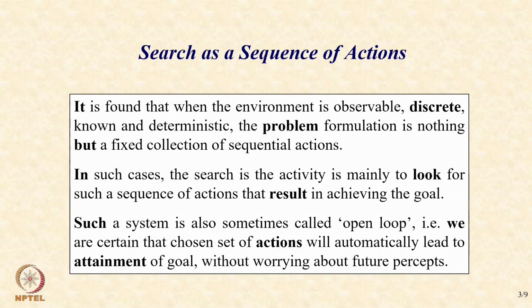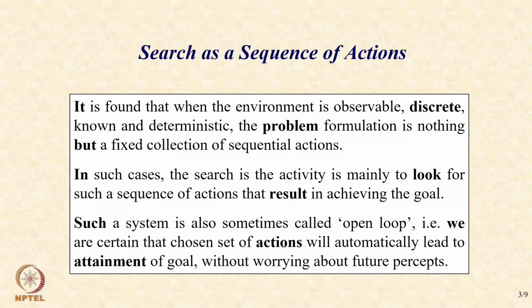So, such systems are typically called open loop, which means we are definite that if we take this set of actions, we will get the solution and we will not worry about future percepts, which means we already have well defined actions which will lead us to the goal, and we do not have to worry about what percepts we will get.